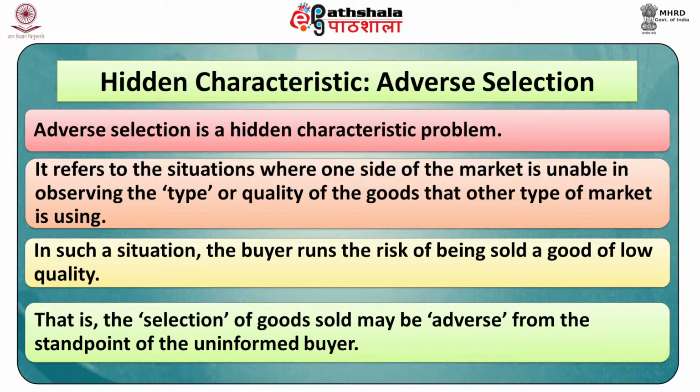In other words, the seller knows more about the attributes of the good being sold than the buyer does. In such a situation, the buyer runs the risk of being sold a good of low quality. That is, the selection of goods sold may be adverse from the standpoint of the uninformed buyer.